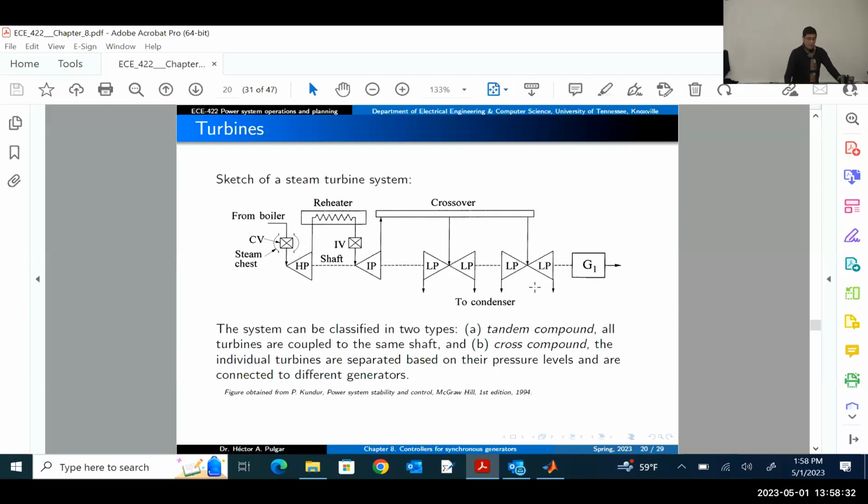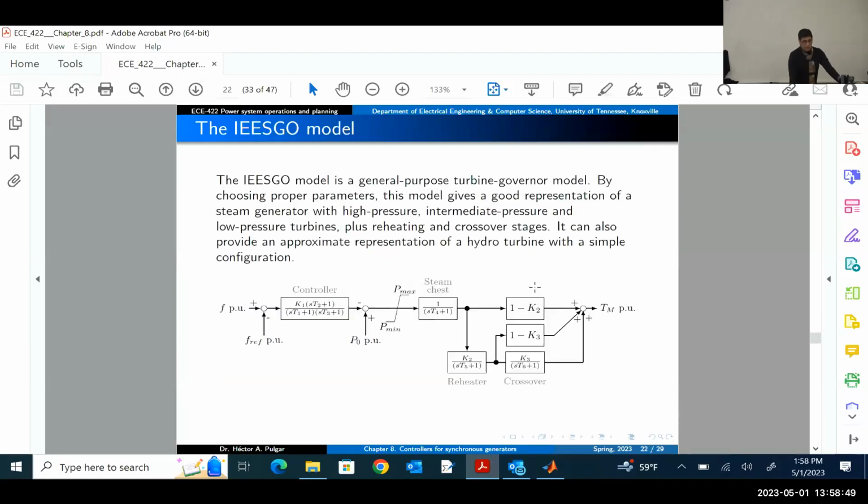And for this, we can come up with different models, and if you use commercial software, you will find a large library with different descriptions of turbines. But in this course, we're going to just use one, which is going to be the standard model from IEEE. So that's the model we will use. This is a general purpose turbine model.